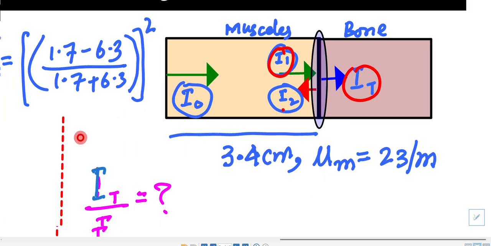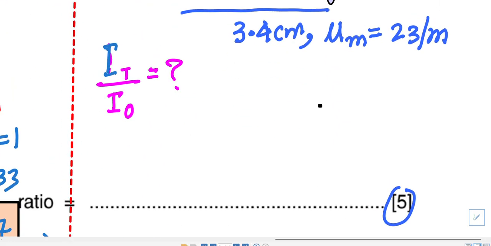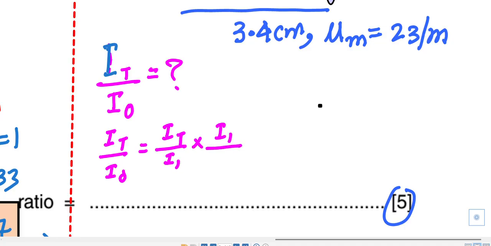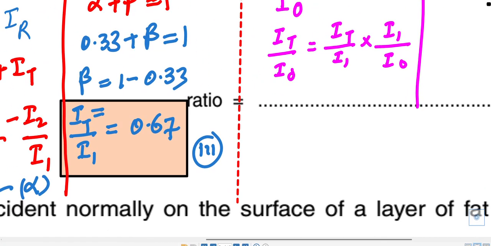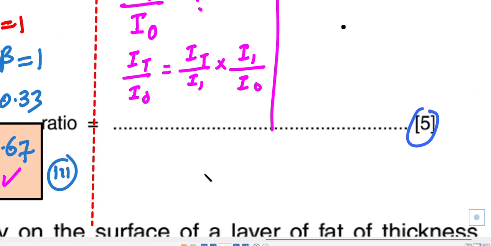So here we go, because I have to figure out IT. IT divided by I naught can be written as IT divided by I1, times I1 divided by I naught. So if I use these two equations by chain rule, what is IT divided by I1? We calculated it in equation number 3: 0.67.